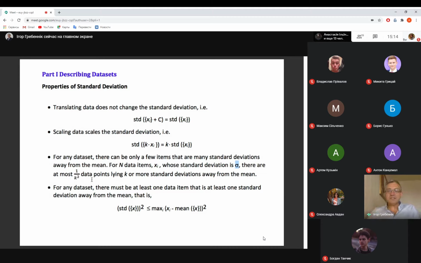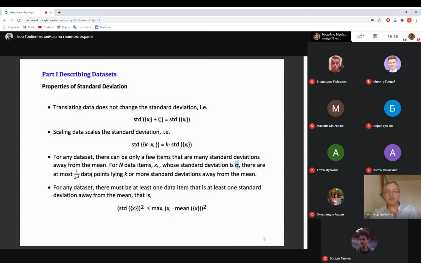For example, let's consider a data set with n elements and the standard deviation sigma, and analyze how many items or elements of data set lie 2 or more standard deviations away from the mean. 2 or more standard deviations. k will be equal to 2, k squared is equal to 4, 1 by 4 is equal to a quarter of data points at maximum may be 2 standard deviations or more away from the mean.